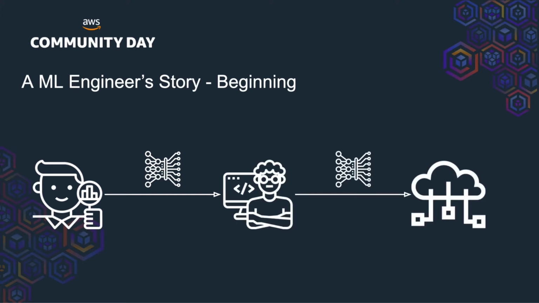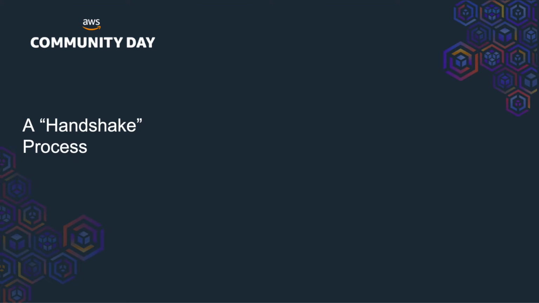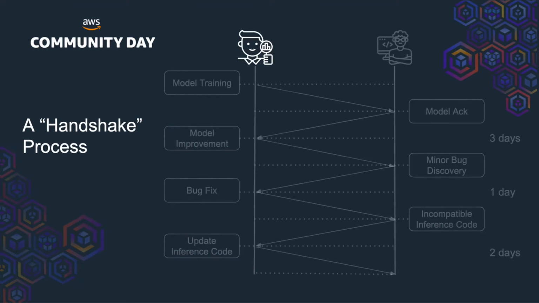And the engineer would wrap the model file as well as the code to run it into a reproducible framework. And then they deploy that framework into a production environment, which usually is a cloud environment. And this process seems to be pretty straightforward, but if we zoom in a little bit, it looks more like a protocol handshake process.